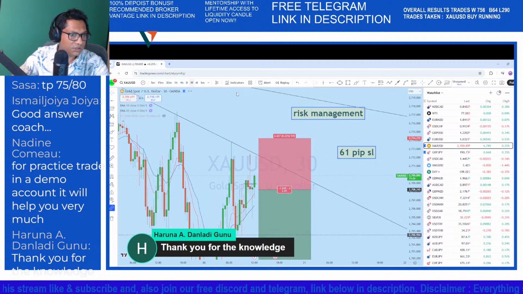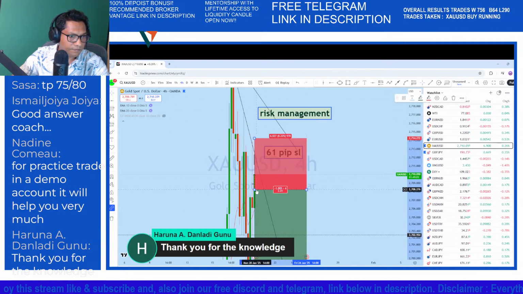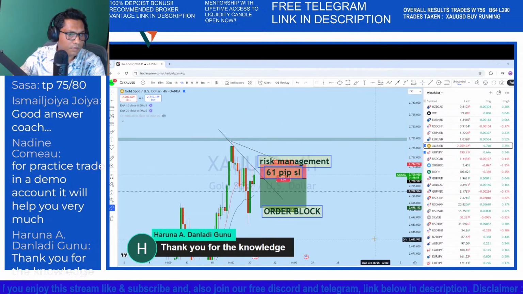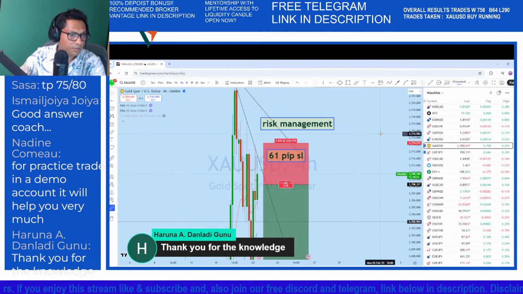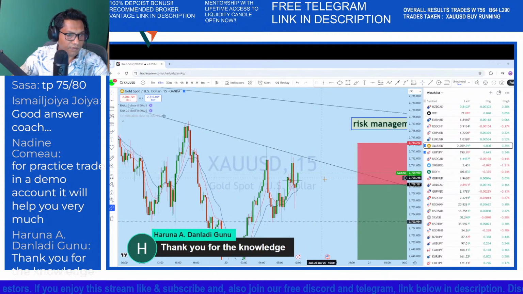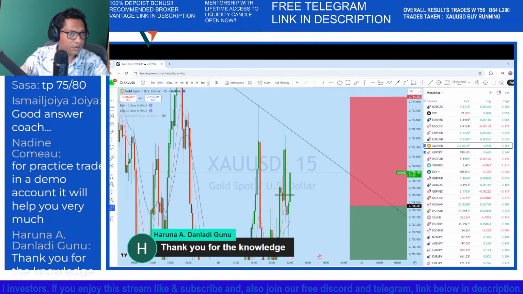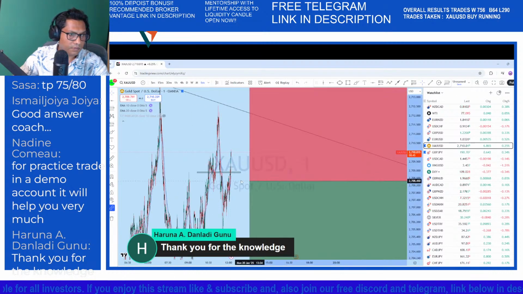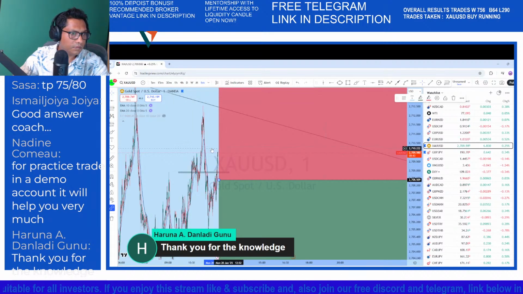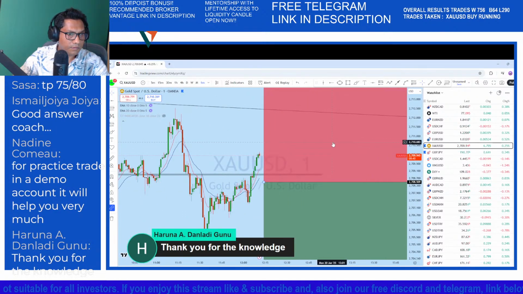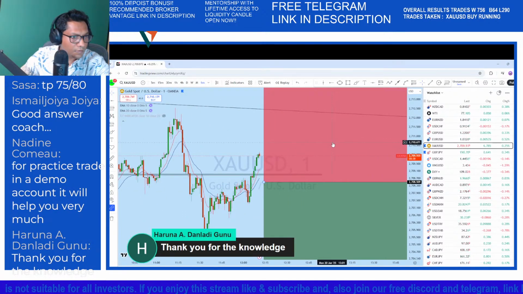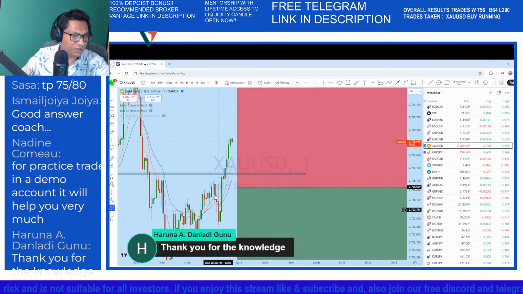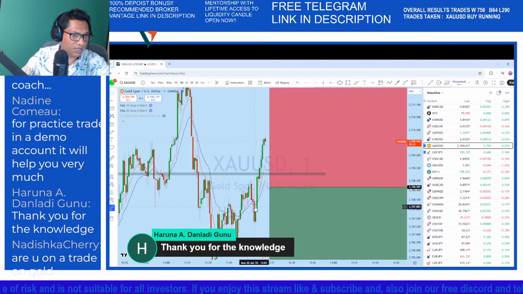Now this bounce, if you look at the 4 hour, the 15 minutes, the 1 minute chart, so in this market here, from the 1 minute after a break, there is a bounce.